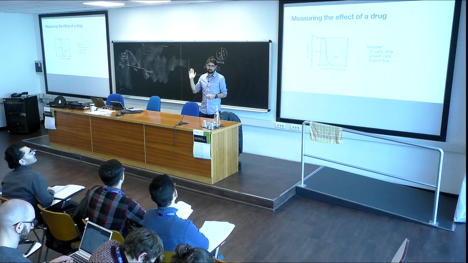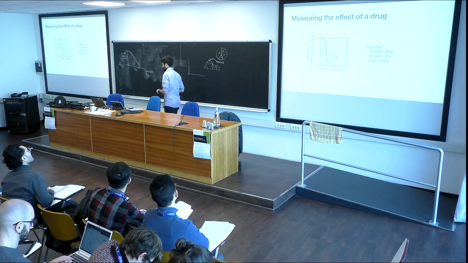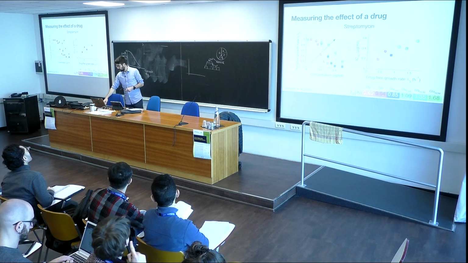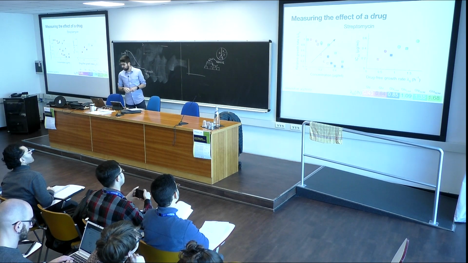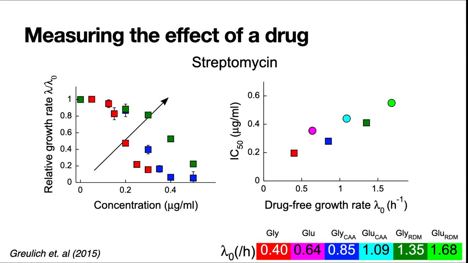We can produce the same plot. So this is one drug, and what you do is that you measure the relative growth rate. This is the growth rate when you don't have the drug.